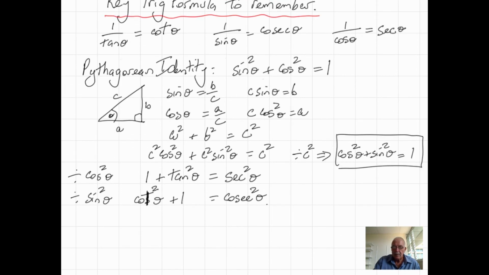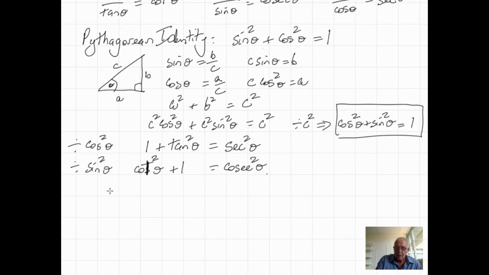Another one is that the sine of an angle equals the cos of its complement. Now, complementary angles add up to 90.